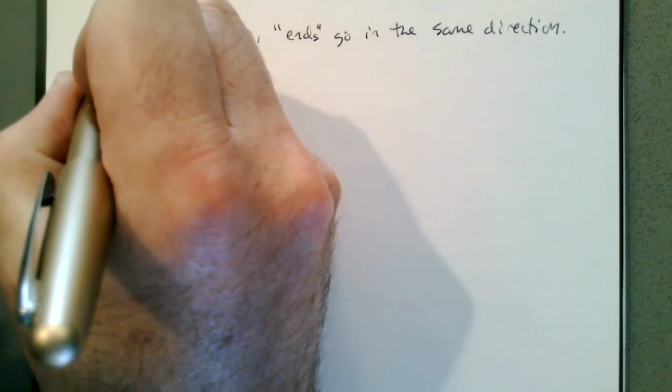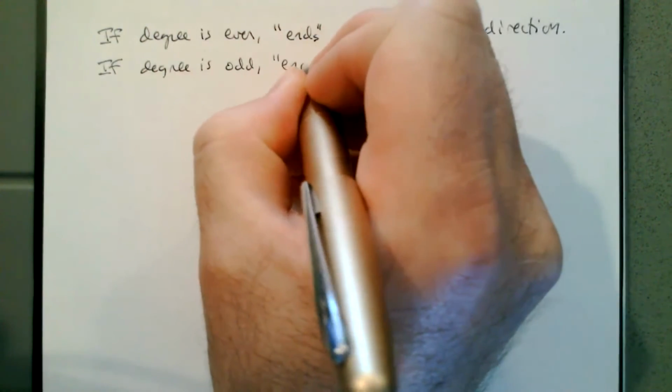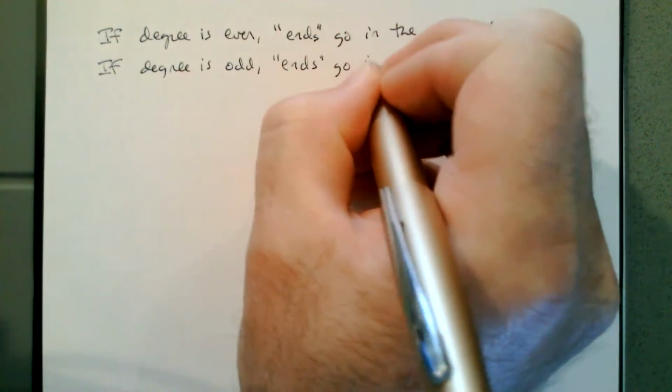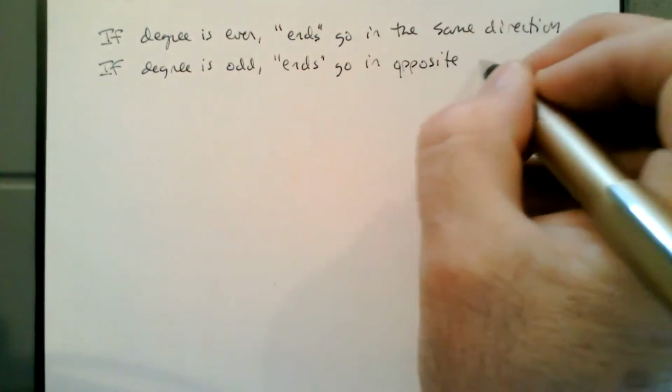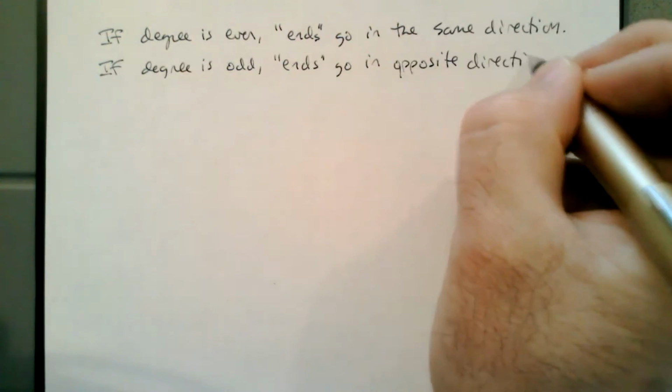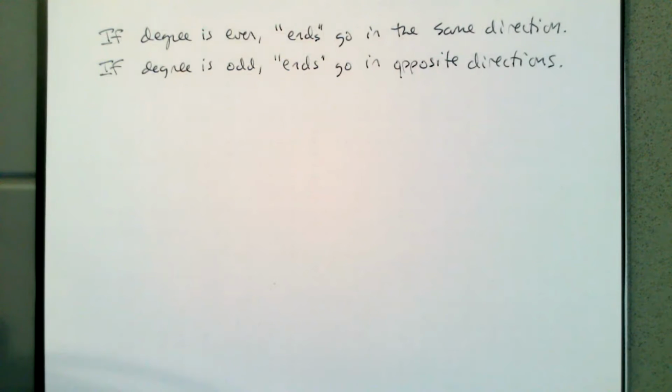And if the degree is odd, then the ends go in opposite directions. So the degree tells you if the ends are doing the same thing or opposite things.